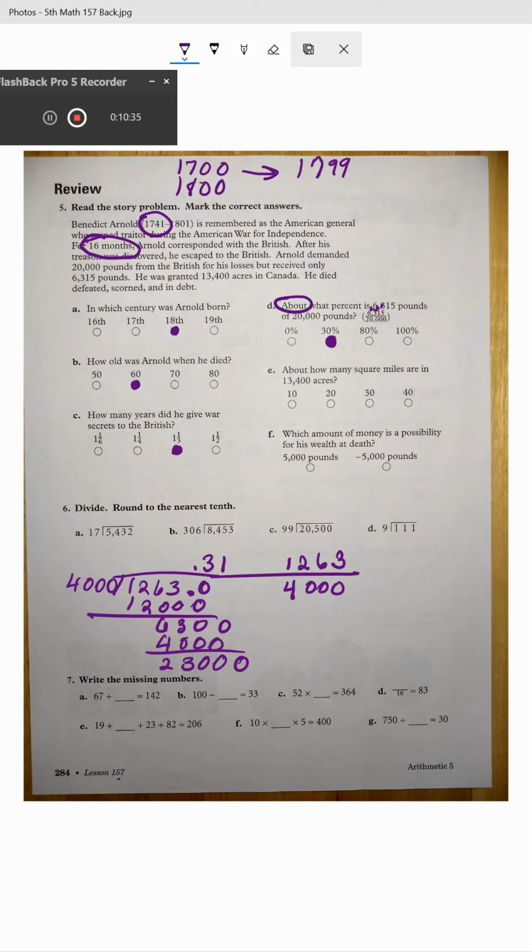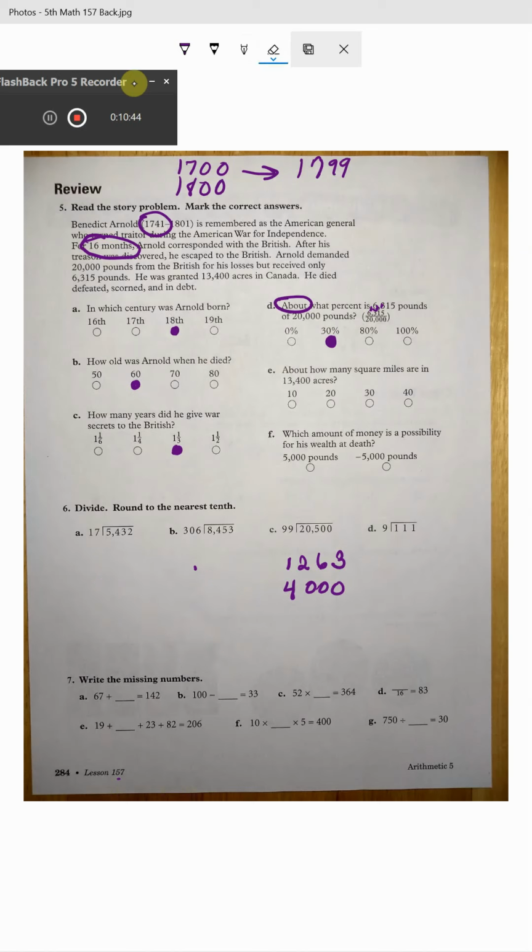All right, about how many square miles are in 13,400? Now, this is where I totally forget the square miles in an acre, right? And I totally forget that. So I'm going to Google it. How many square miles are in an acre?